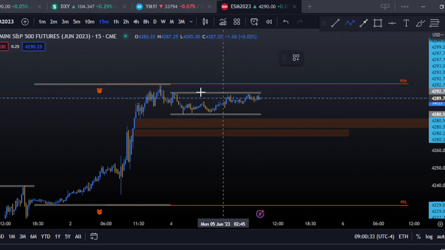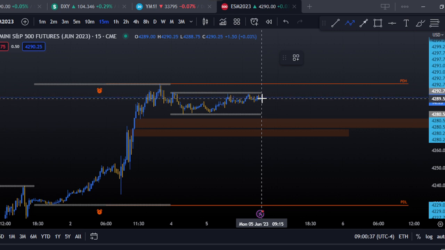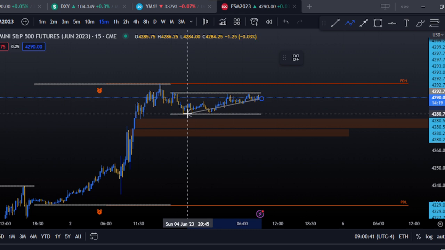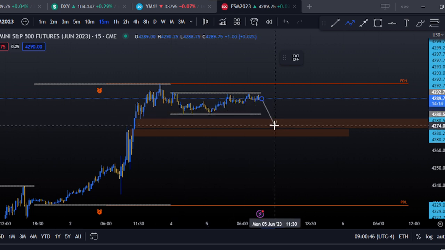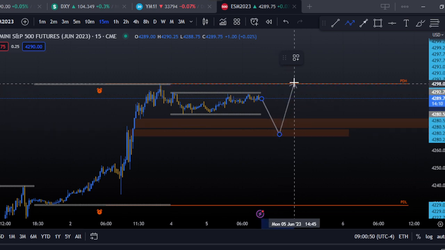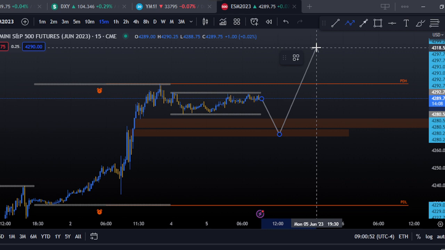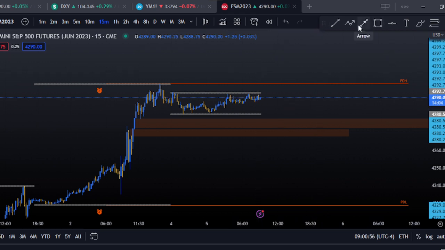So if this is the accumulation and then we look for manipulation, these are just a couple different scenarios. On the bullish side, it could come down, taking out this swing low, which is the overnight low. Come down, we could hit inside one of these gaps and then make our way back up to the top to some of those areas that I spoke about on the bullish side.